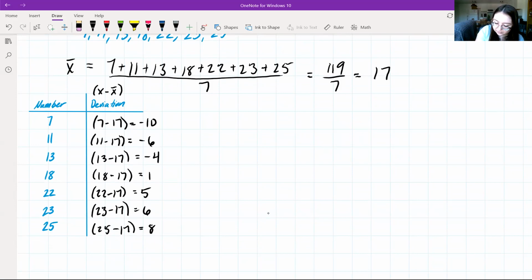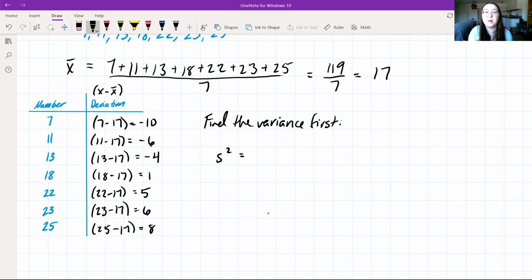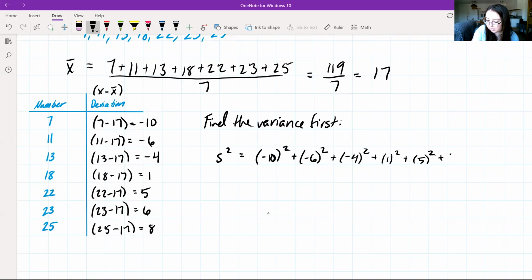So we want to find the variance first. So we have s squared is going to be equal to, and remember now, it's the square of all the deviations. So we're going to take negative 10 squared plus negative 6 squared plus negative 4 squared plus 1 squared plus 5 squared plus 6 squared plus 8 squared.